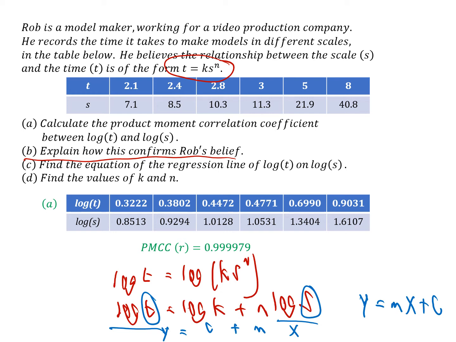So if when we take logs of both sides we get a product moment correlation coefficient which is equal to 1 or very close to 1, then that confirms that the original model t equals k s to the n is a valid model to look at.